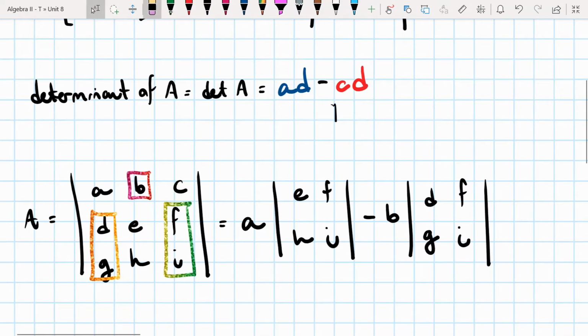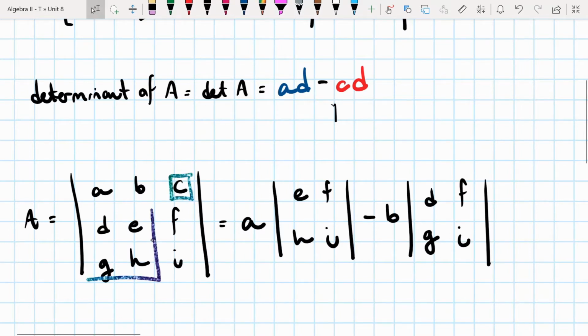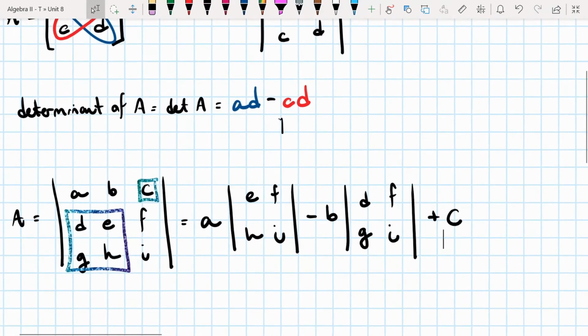And then lastly, C is going to be multiplied by the determinant of this 2x2 matrix. So we get plus. Notice the sign is changing from minus to plus.